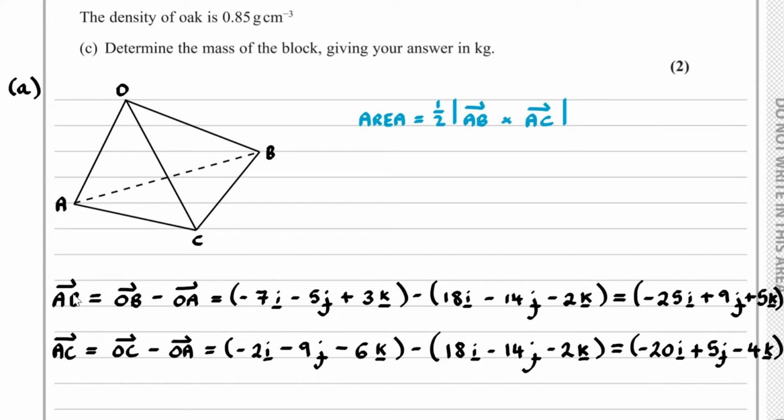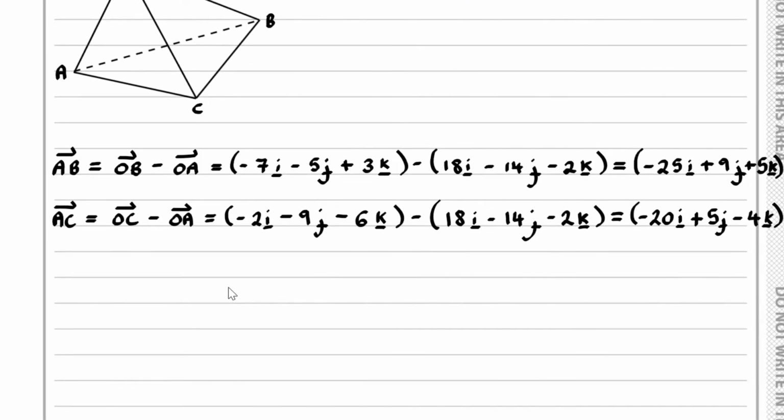And so therefore we can now find the cross product between AB and AC. So AB cross AC, we've got AB, which is minus 25i plus 9j plus 5k.